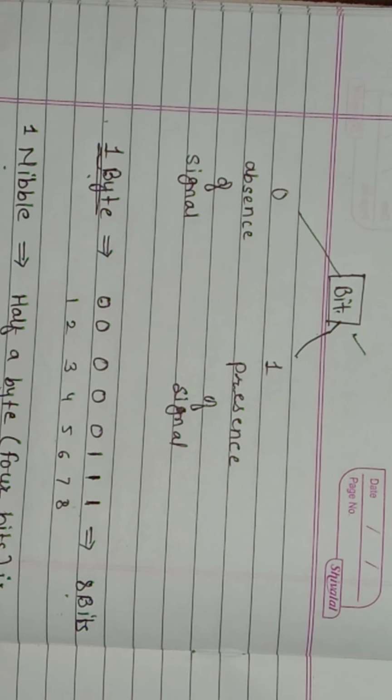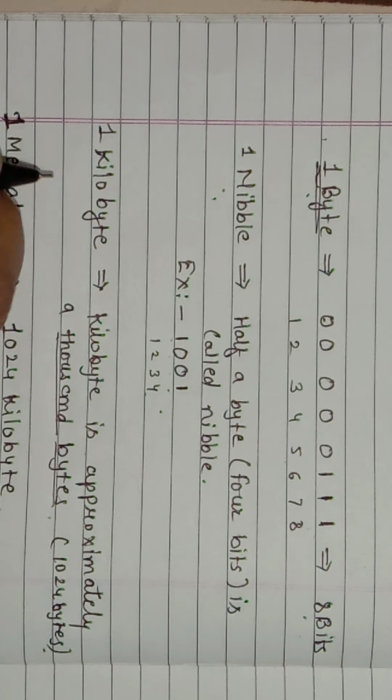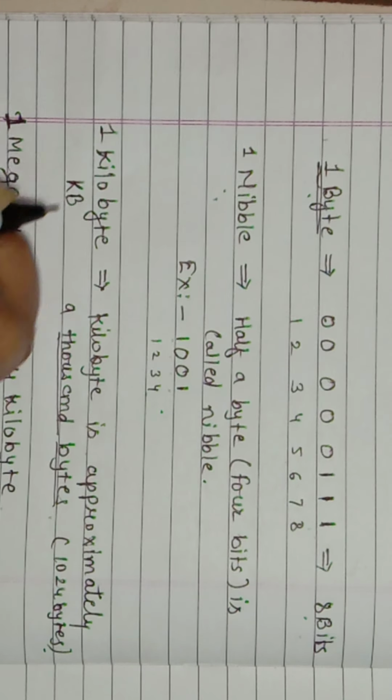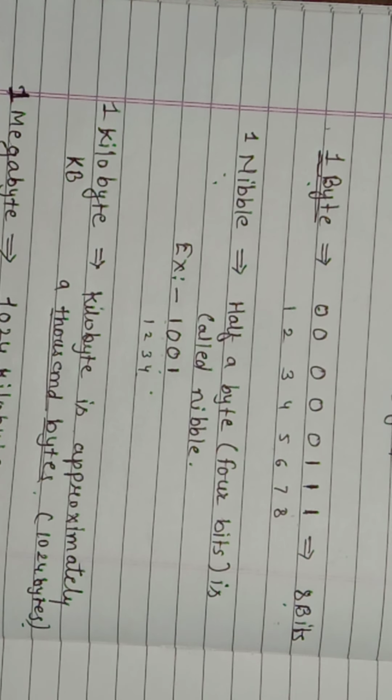A combination of 1024 bytes is called a kilobyte, abbreviated KB. A combination of 1024 kilobytes is 1 megabyte, abbreviated MB.